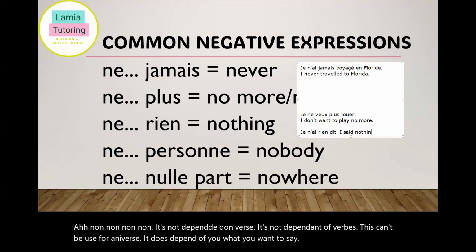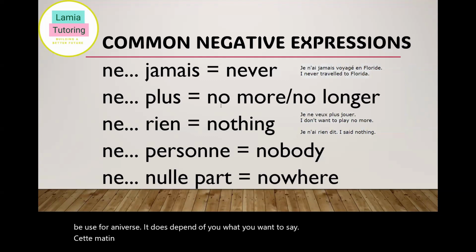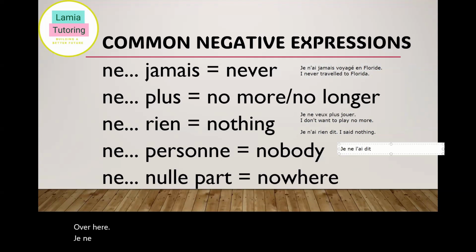Let me do it like this and move another one over here. Je ne l'ai dit à personne. I told nobody. Let me try this one. Je ne veux voir personne, for example.